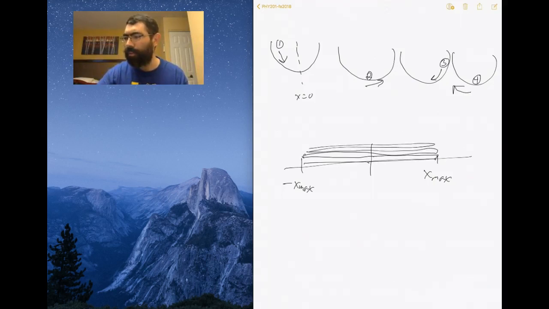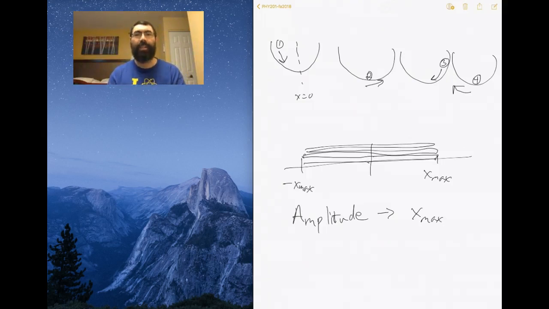So what it's going to do is go back and forth, back and forth, between what we're going to call the amplitude, x max. x max is this maximum range that it has to its motion.